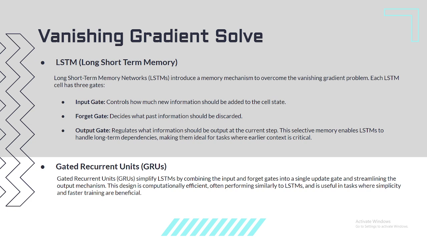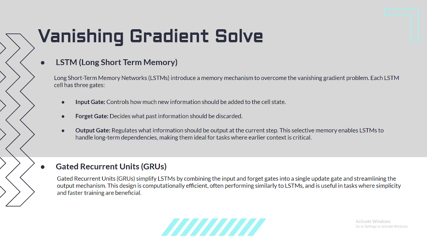But what if we want something leaner and faster? There the GRUs, gated recurrent units, come in. They are the minimalists of the memory world. GRU combines the input and forget gates into a single update gate and merges the memory and output into a streamlined structure.